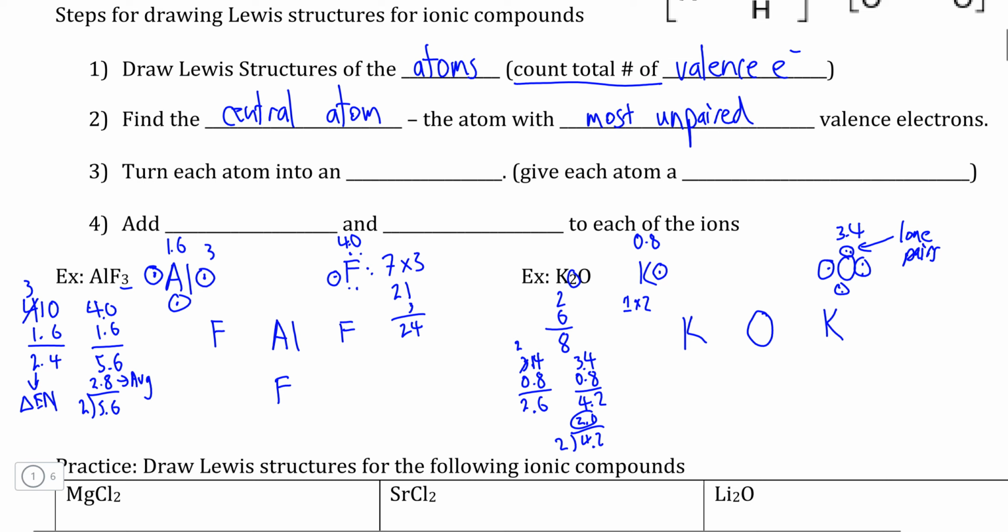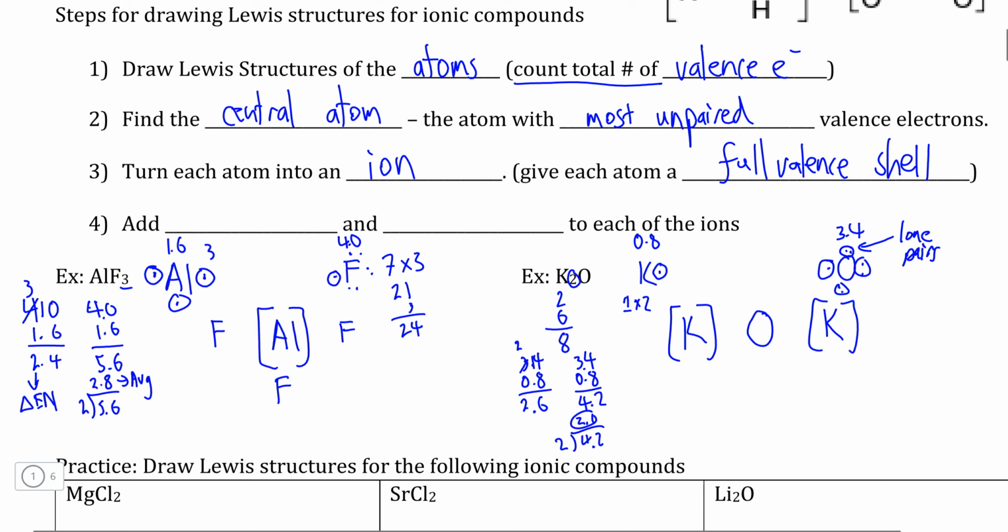Next, because we are building ionic compounds, we need to turn each atom into the proper ion, meaning that we are going to give each atom a full valence shell of electrons. Now, in the case of metals like aluminum and potassium, this means that they are going to lose electrons, which means all that we need to do is put brackets around them like this to indicate that they have charge.